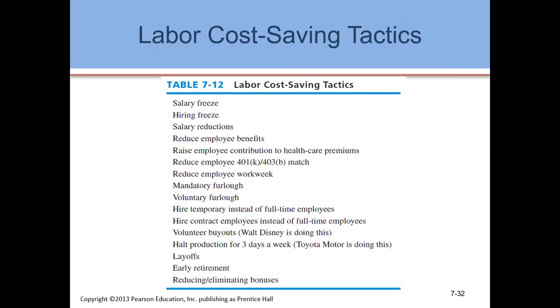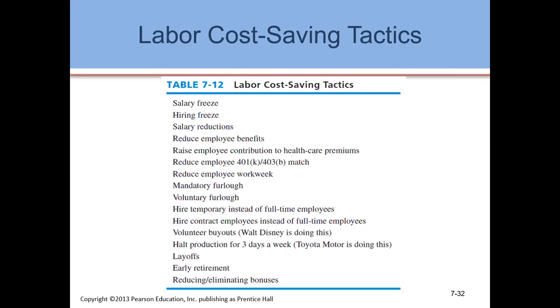So the labor cost saving tactics might include salary freeze, hiring freeze, salary reduction, reduce employee benefits, raise employee contribution to healthcare premiums, different social security and retirement policies, reduce employee work week, mandatory furlough, voluntary furlough, hire temporary instead of full-time employees, hire contract employees instead of full-time employees, volunteer buyouts, halt production for 3 days a week, which Toyota Motors is doing these days, layoffs, early retirement, reducing, eliminating bonuses.